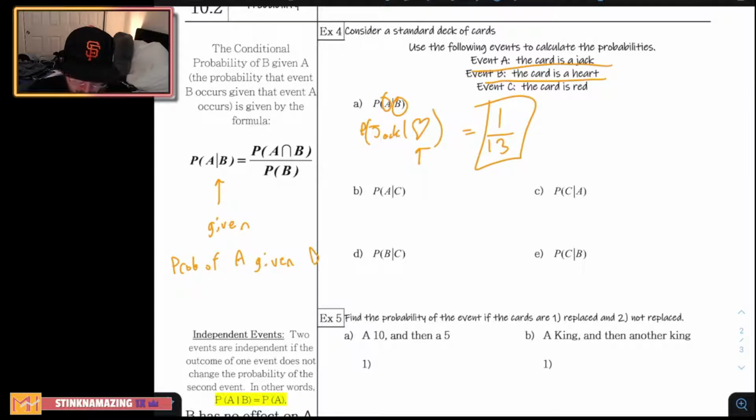If I give you a red card, I'm giving you 26 cards, because that's event C, and A is a jack. So how many of those red cards are jacks? 2 of those red cards are jacks, the jack of diamonds and the jack of hearts, which reduces to 1/13.